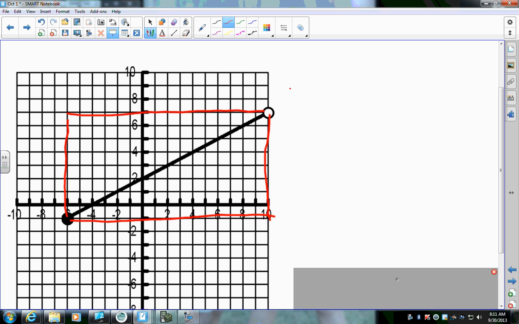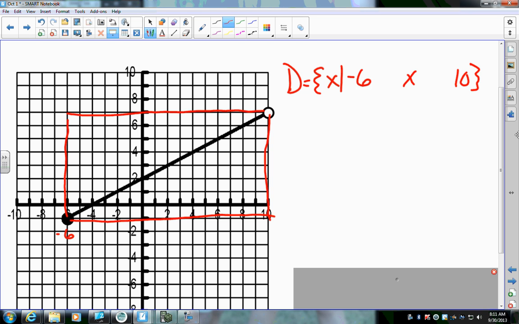So domain, again, is your x. The farthest to the left right here, 2, 4, this is -6. And I know it's an x. And the farthest to the right is a 10.